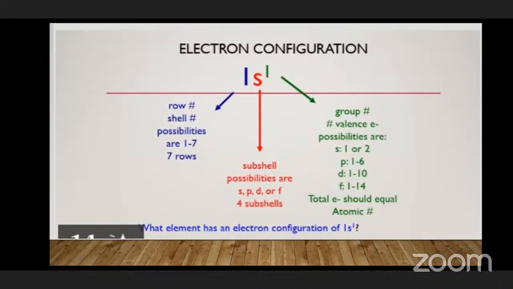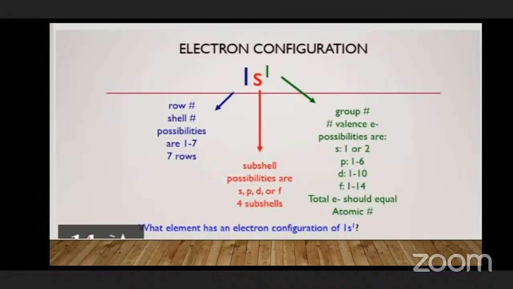So 1s1 is hydrogen. After helium comes lithium, then beryllium. Beryllium's atomic number is 4: 1s2 2s2. We have taken 2s2. The first 2 represents the period number, that is, the second period.